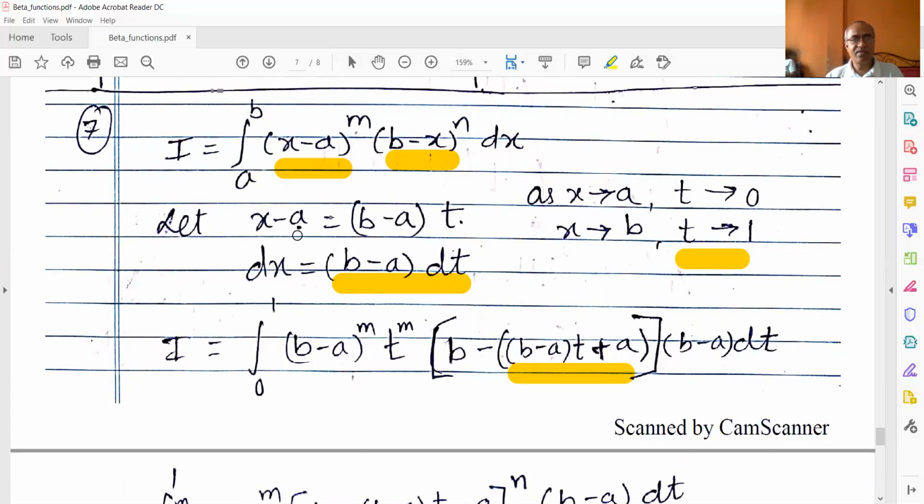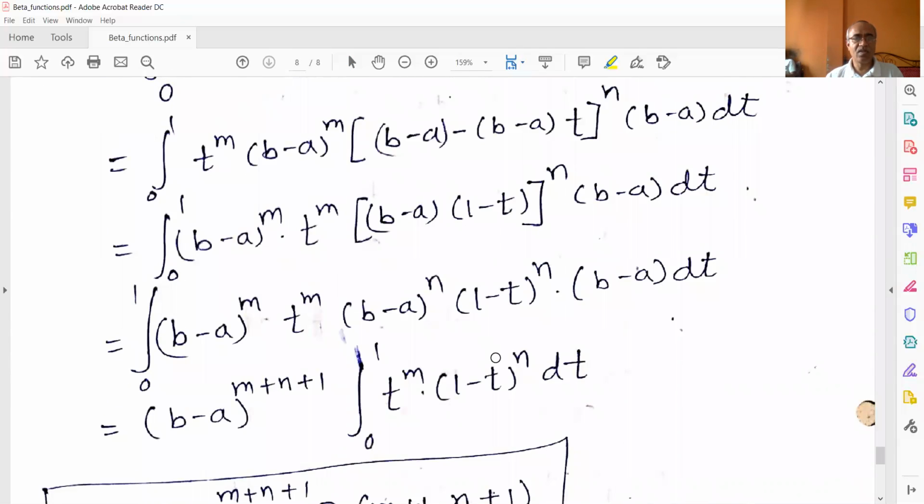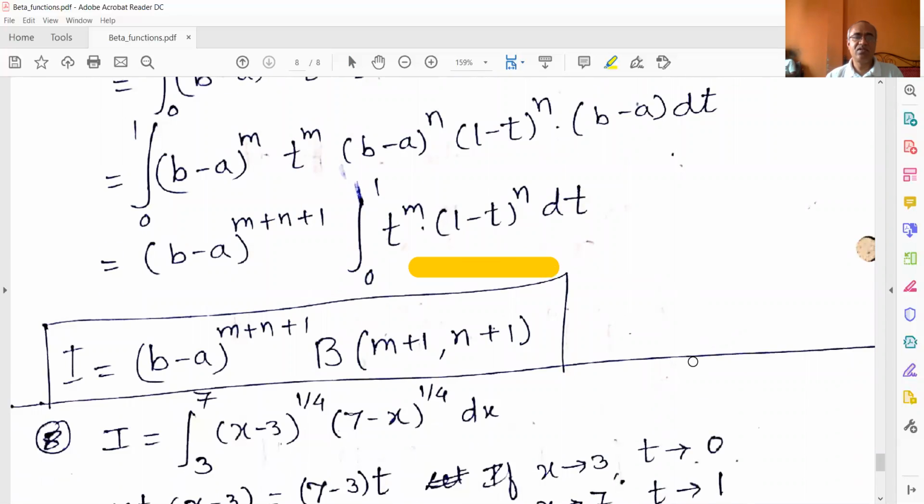We can derive that value of x from this expression, and into (b minus a) dt, because dx is equal to (b minus a) dt. Upon simplification, this expression is again getting converted into a beta function, and (b minus a) raised to m plus n plus 1 beta(m plus 1, n plus 1).